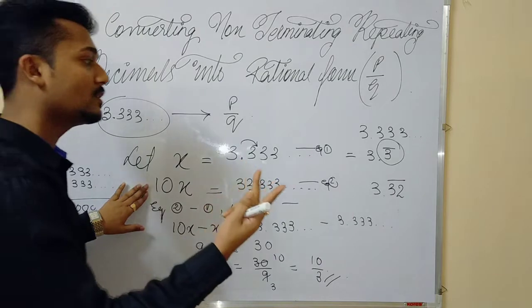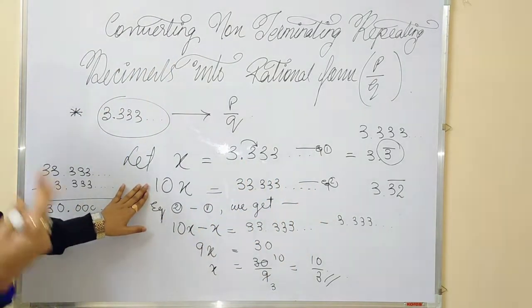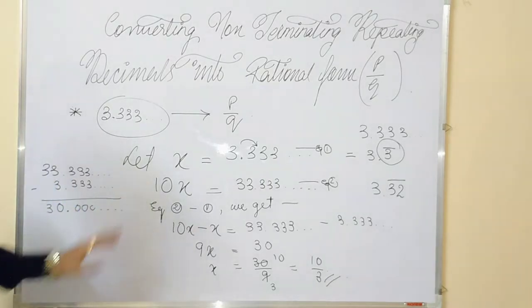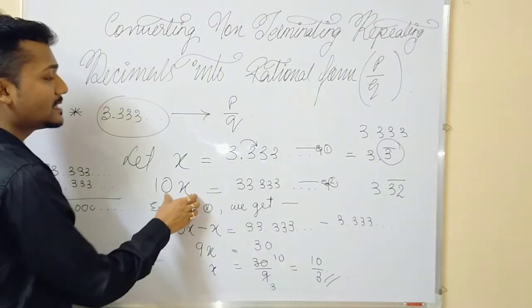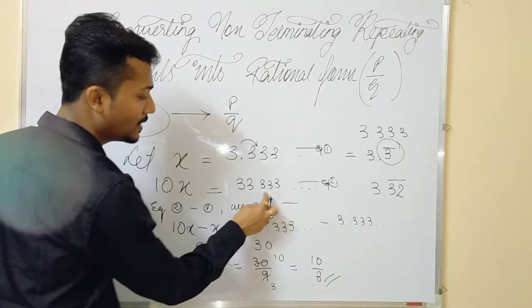If the bar were over two numbers, we would have multiplied it with 100. Yes or no? So 10 into x is equal to 10 into 3.333. It will become 33.333.